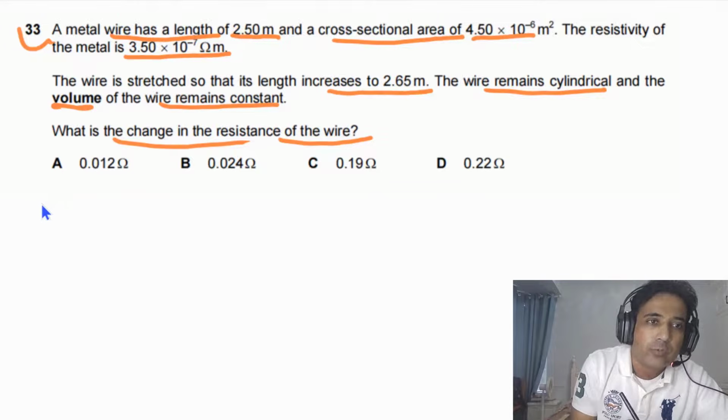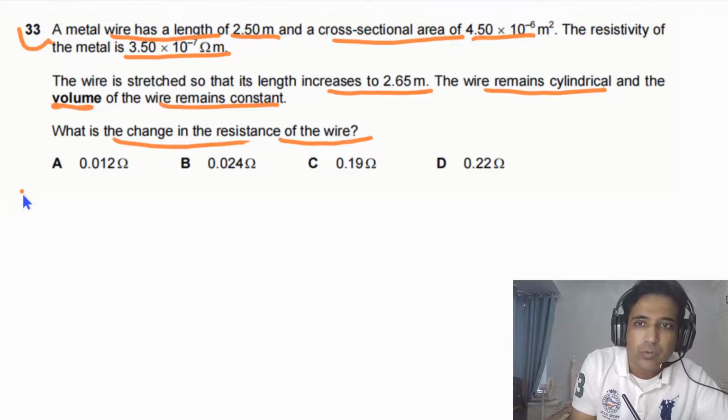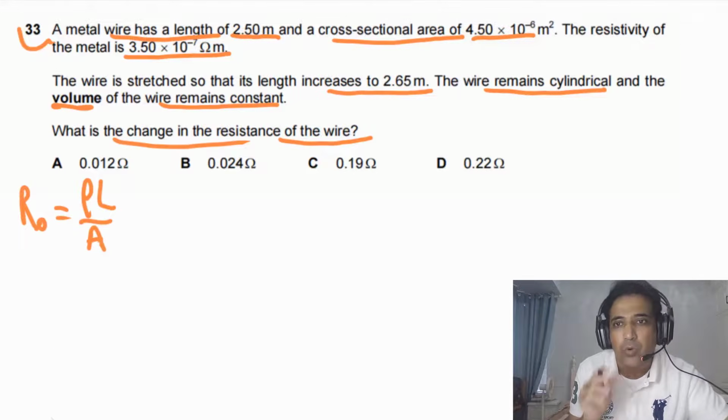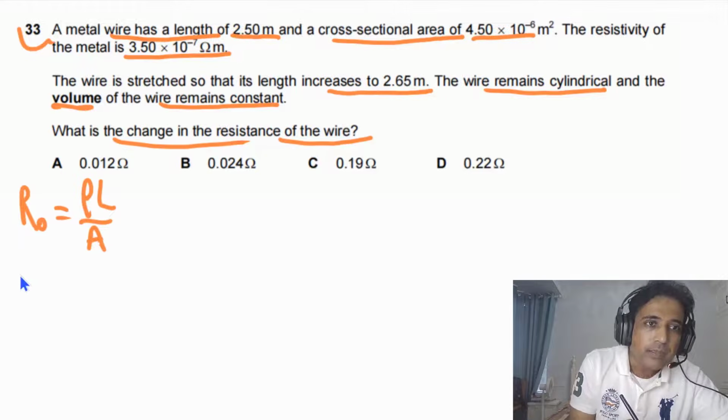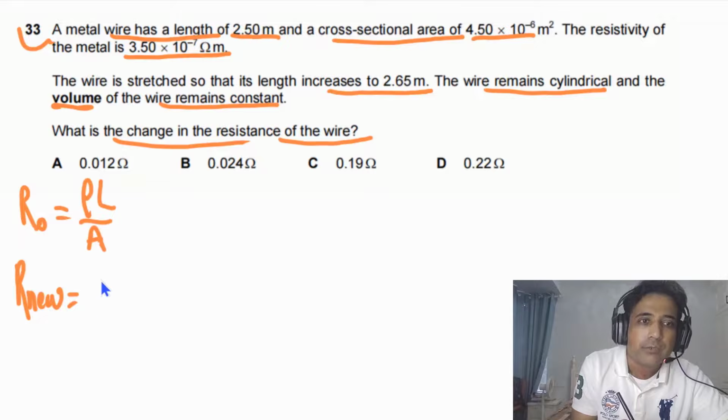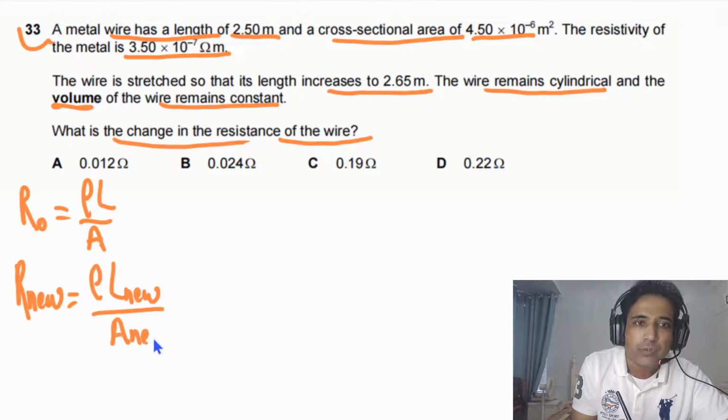So we need to calculate the change in the resistance of the wire. First of all, we can calculate the value of R naught. To calculate that one, simply we need rho L by A. Then we can find the value of R new, which will be equal to rho times L new over A new.